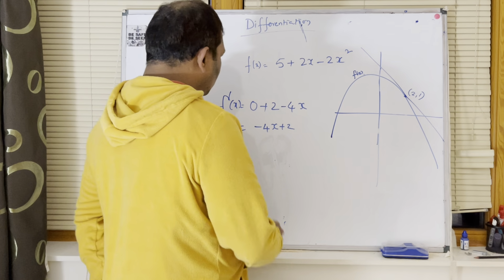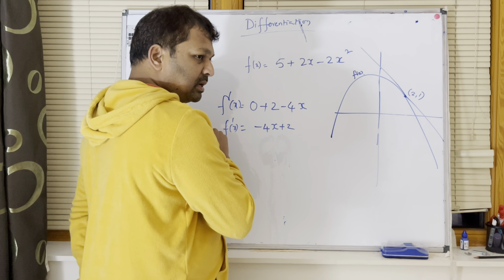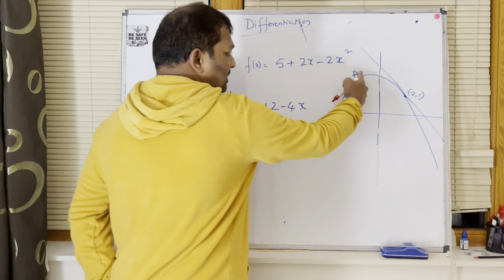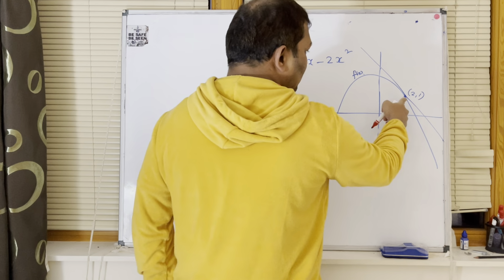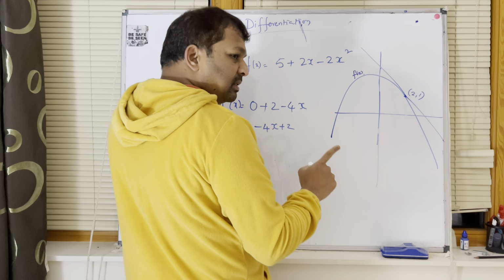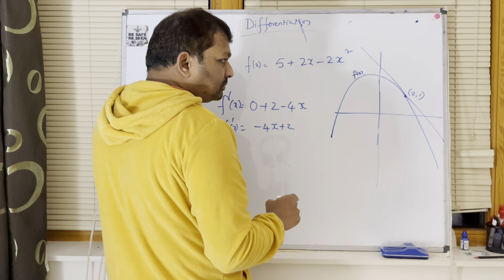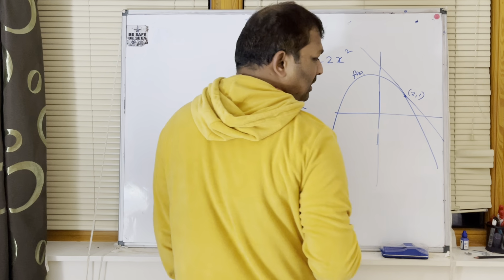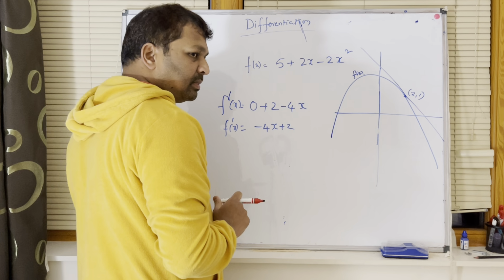So this is the slope equation, the slope of this line. To find the slope of this line at (2, 1), we need to put x as 2.